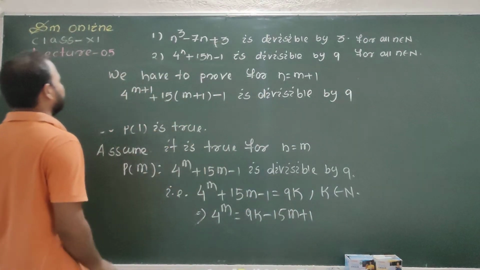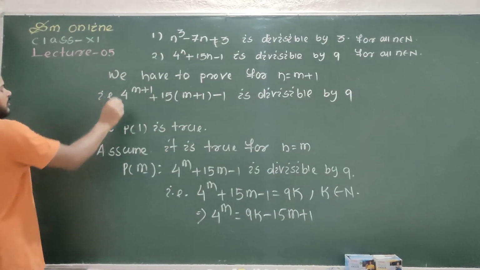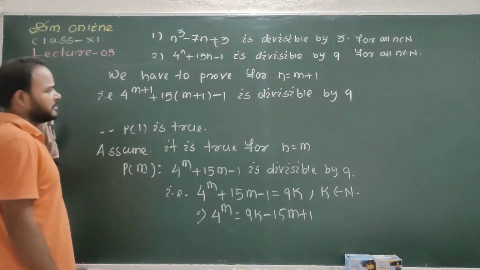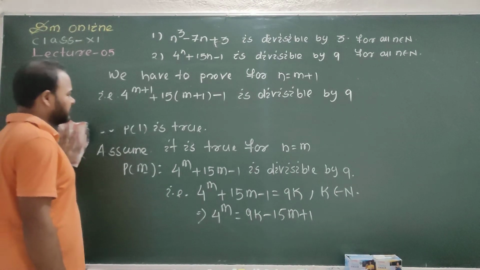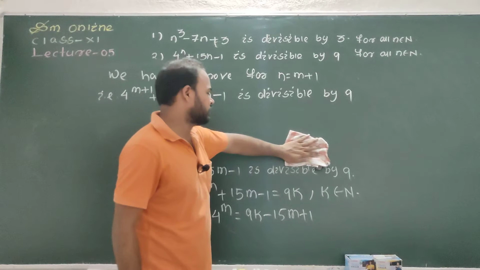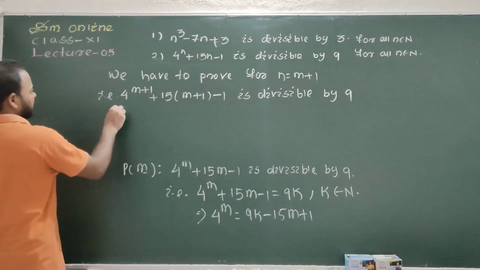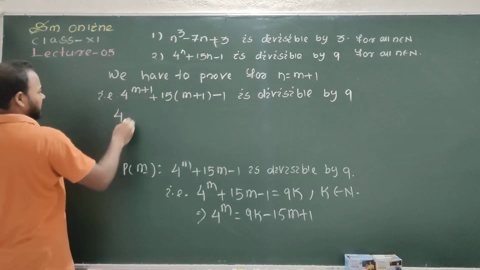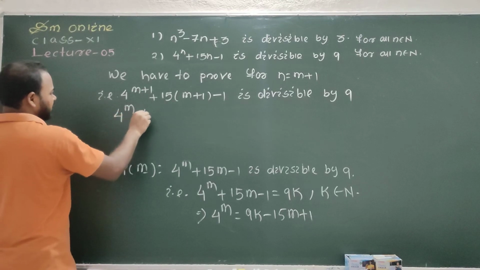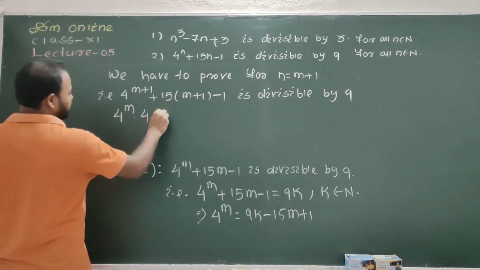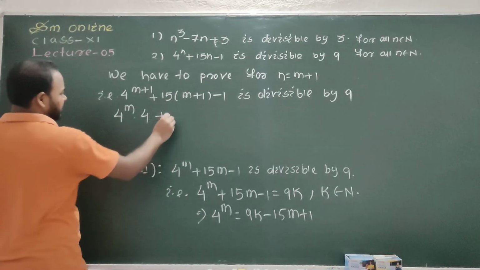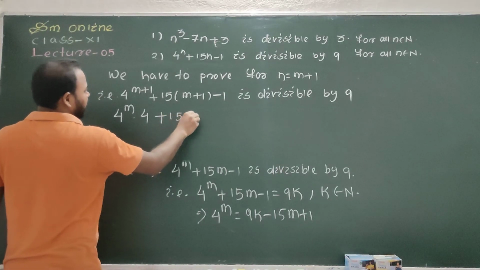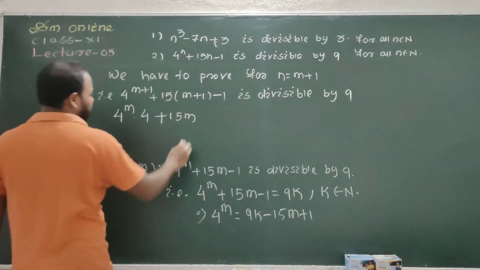Now 4 to the power (m plus 1) is 4 to the power m into 4, and 15 into (m plus 1) is 15m plus 15, so 15m, and 15 minus 1 is 14.